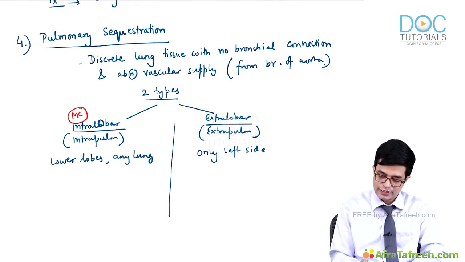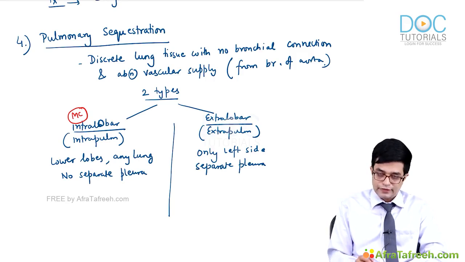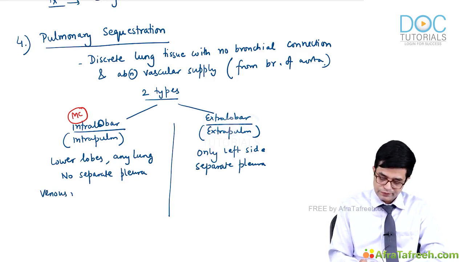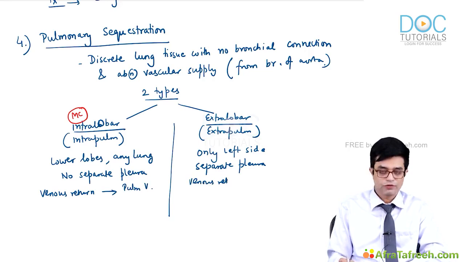In intralobar, there is no separate pleura of its own, whereas extralobar has its separate pleura. In both, the blood supply is from the aorta. In intralobar, the venous return goes into the pulmonary veins, whereas in extralobar, the venous return goes into the inferior vena cava.